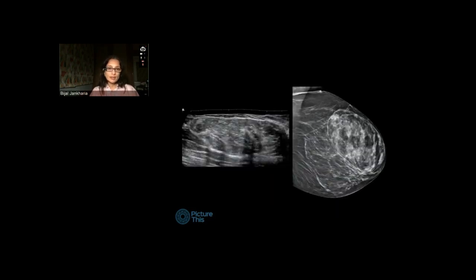Then this lesion, and now in lesions like this, it looks very, very benign, but a mammogram clinches it because this is nothing but a hematoma which contains fat as well as fibroglandular areas within it. And this is also called a hamartoma or a fibroadenolipoma or a breast within a breast, and this is definitely benign.